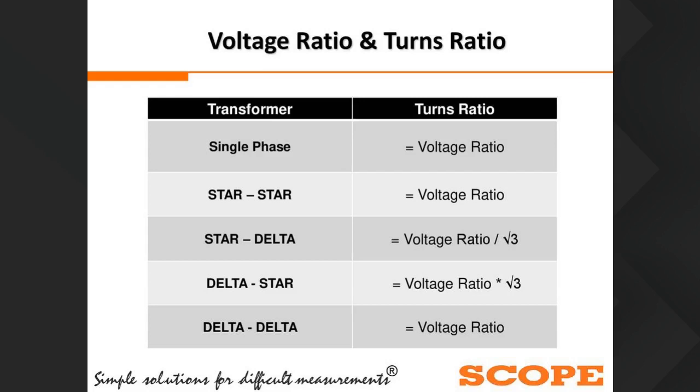For a delta-star transformer, the turns ratio is equal to the voltage ratio into √3, and for delta-delta the turns ratio is equal to the voltage ratio. So this is the relationship of turns ratio and voltage ratio for single phase and three-phase transformers with various connections: star-star, star-delta, delta-star, and delta-delta.